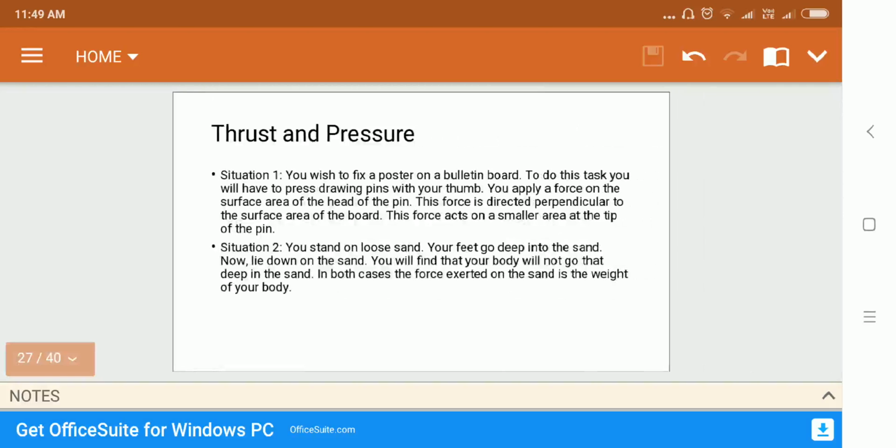Now let us understand a different concept, that is thrust and pressure. To understand thrust and pressure, let us observe some conditions. Two situations are available in front of us. Let us do an activity: we want to fix a poster on a bulletin board.